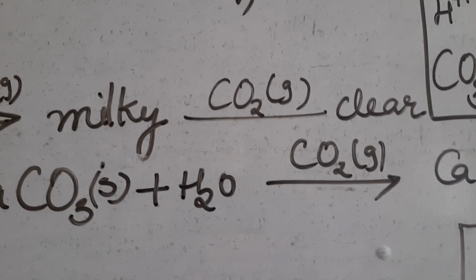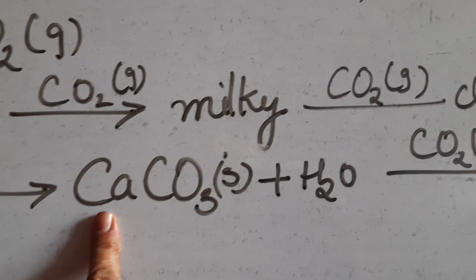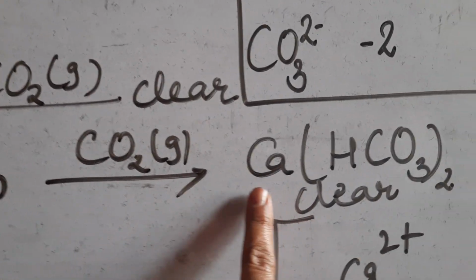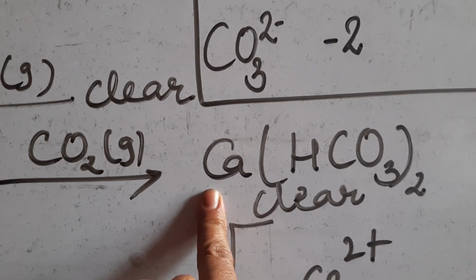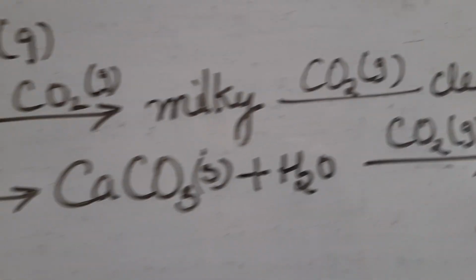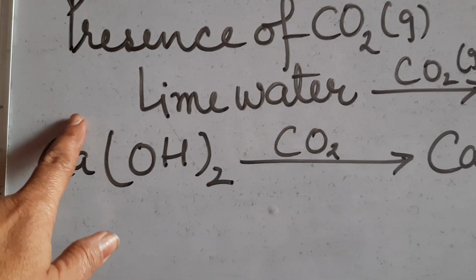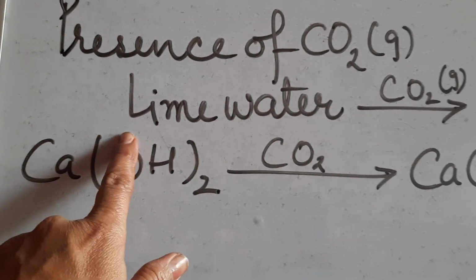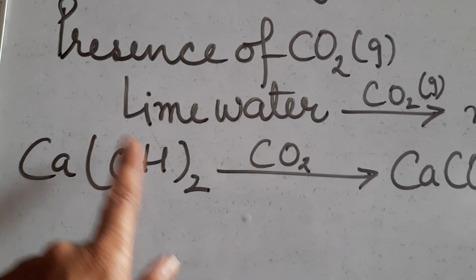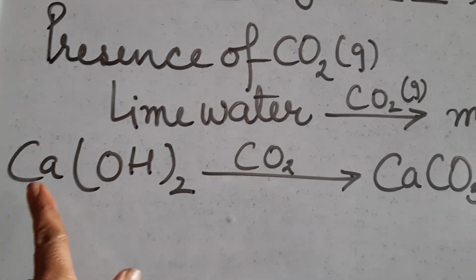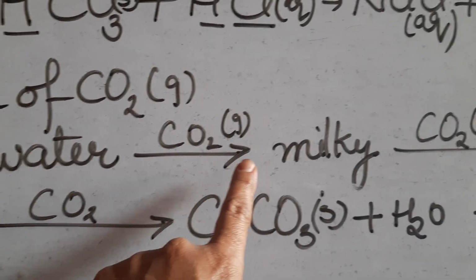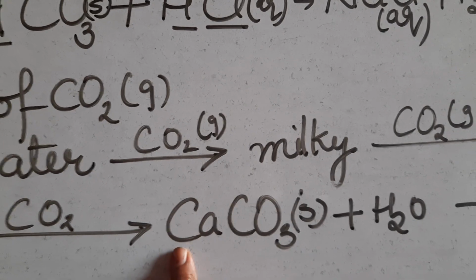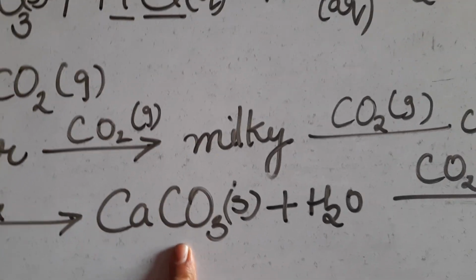Why does this solution become clear? Because the calcium carbonate is converted into calcium bicarbonate. Note down one thing here: calcium has 2 valency, OH has 1 valency, so calcium 2 comes here, OH 1 comes here. Calcium has 2 valency, carbonate has 2 valency, so its formula is calcium carbonate.